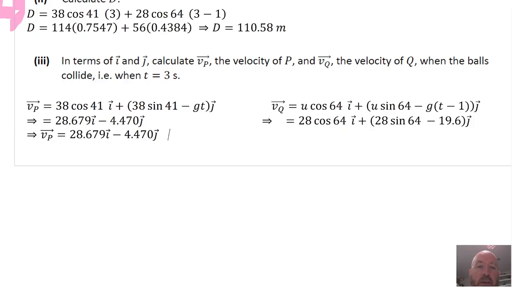And so I think this will be the last step here. We'll have Vq is 28 times cos 64, so 28 times cos 64 is 12.274 i.